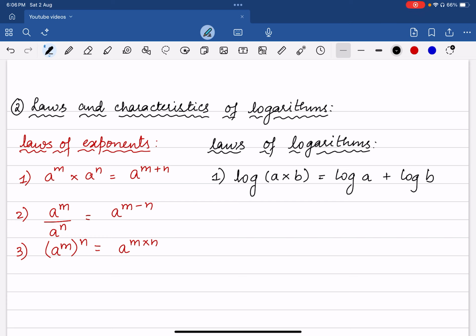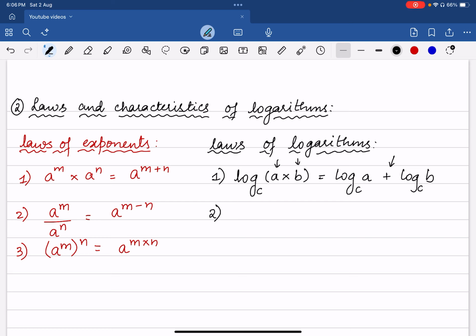Obviously, I have not written the base over here, which means whatever base you take should be the same throughout. If you observe, multiplication is getting converted into addition. Multiplication is comparatively a complex thing to do, whereas addition is comparatively an easier thing to do.